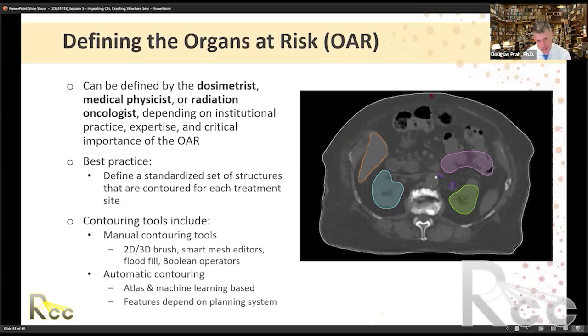Now, if we move into the abdomen and the motion isn't too large, and we're treating a pancreas, we might use a 1 to 1.5 centimeter expansion on the PTV. So we're making sure to include that margin of uncertainty.